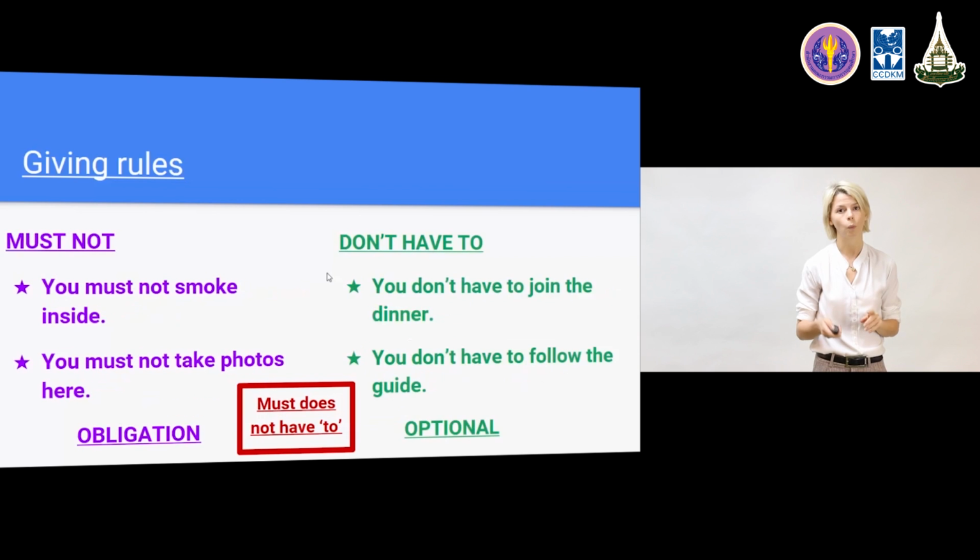But when you change must and have to the negative, the meaning also changes. Must in the negative is obligation, rule. Have to in the negative is optional, not a rule, up to you. And remember, must does not have to after it. Okay.